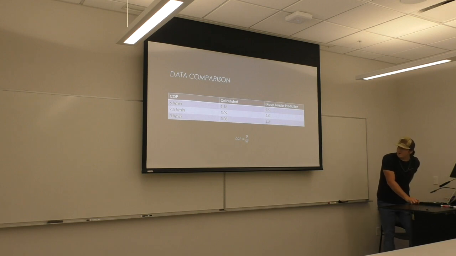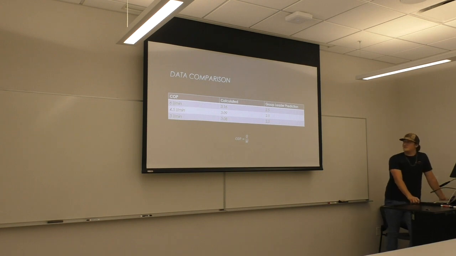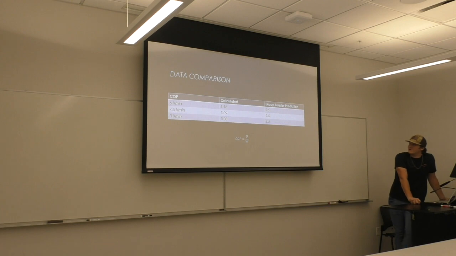I used that mass flow rate times the specific heat of water and the change in temperatures, which was on the last table, and divided by the different power consumed to get a COP for 6 liters per minute of 3.16, for 4.5 liters per minute of 3.09, and 3.08 for 3 liters per minute. This was compared to 2.5 predicted by the group leader.